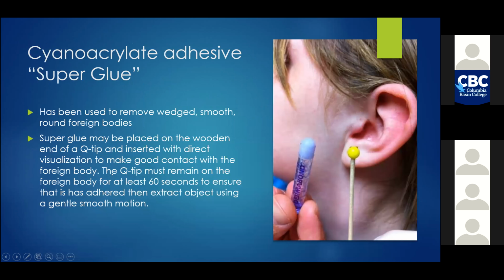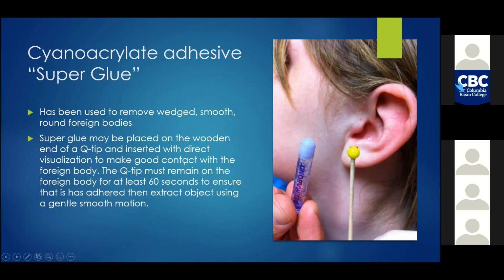And then lastly, they can use super glue, which I thought was interesting. It's been used to remove wedged or smooth round foreign bodies. You place a little bit of super glue on the wooden end of your Q-tip, and with direct insertion, you stick it onto the foreign body.